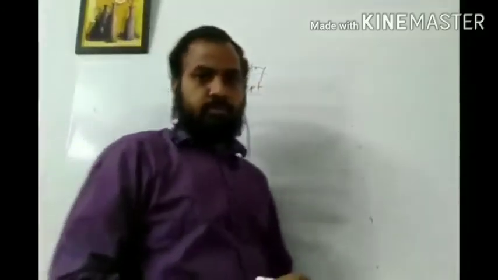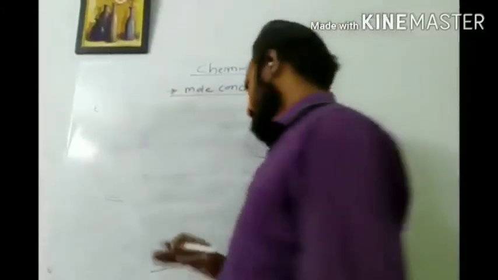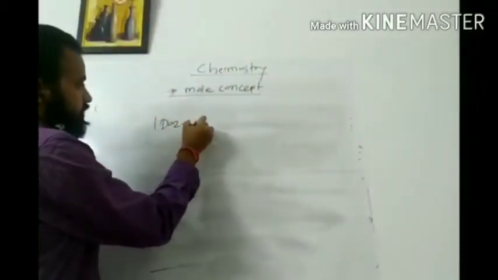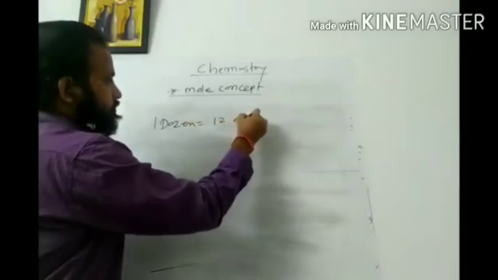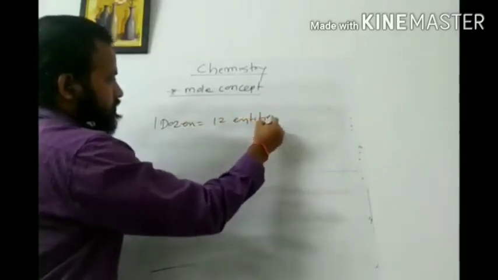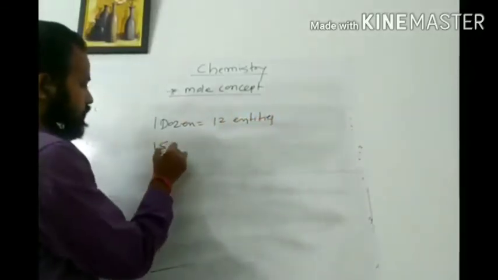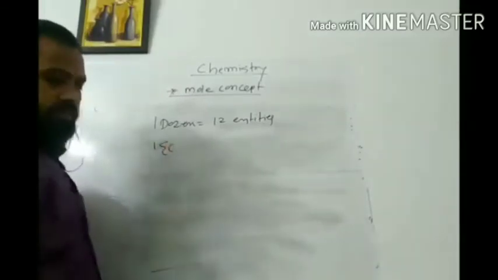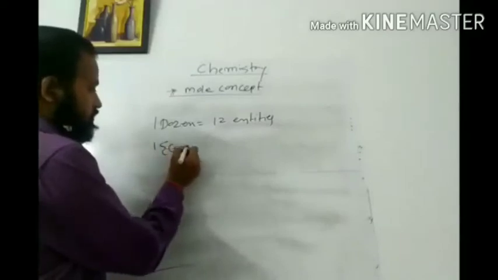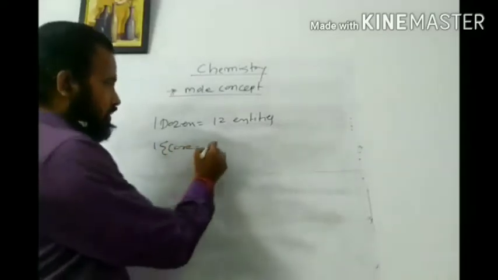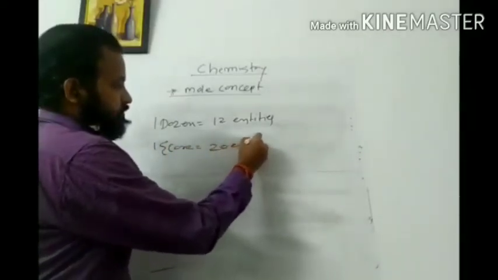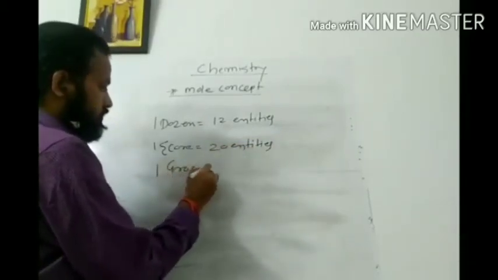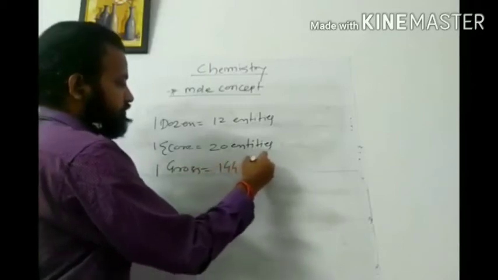Mole concept. Okay, basically, as we already discussed, 1 dozen equal to 12 entities. Similarly, 1 score equal to 20 entities, or 1 gross equal to 144 entities.